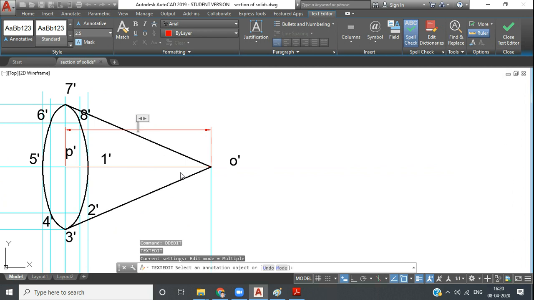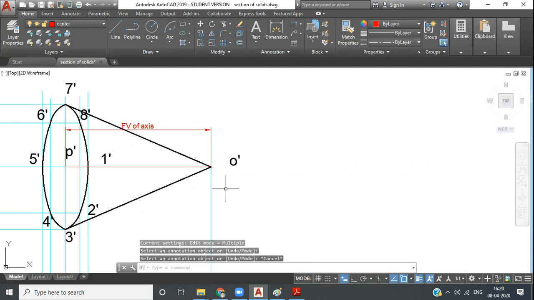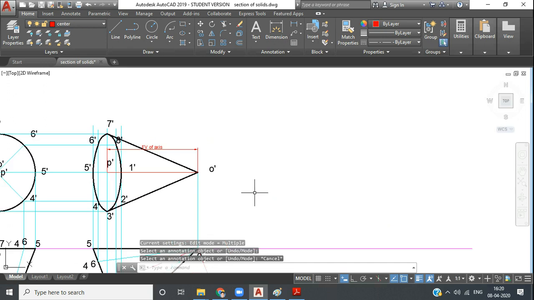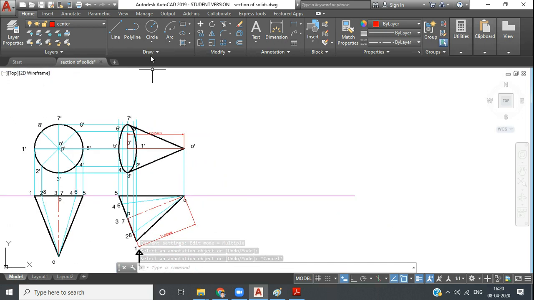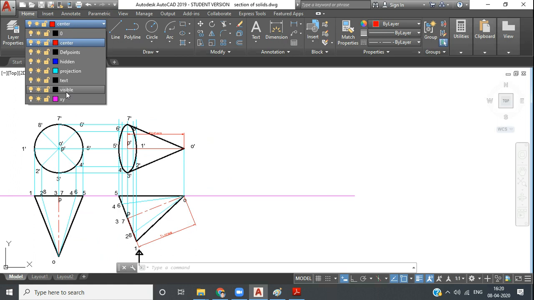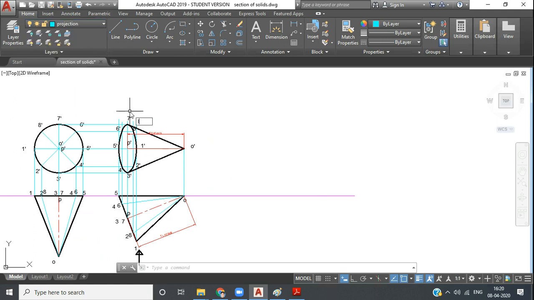This is the front view of the axis. Here it is directly given as front view of the axis, so I will make this directly inclined at 45 degrees. I can draw a 45-degree line from this point.